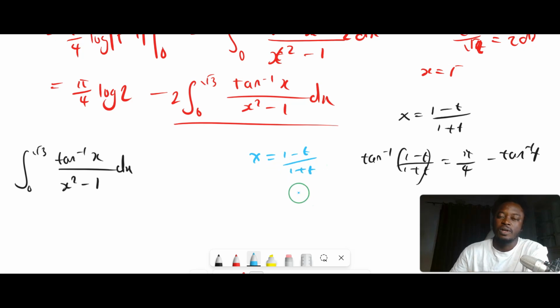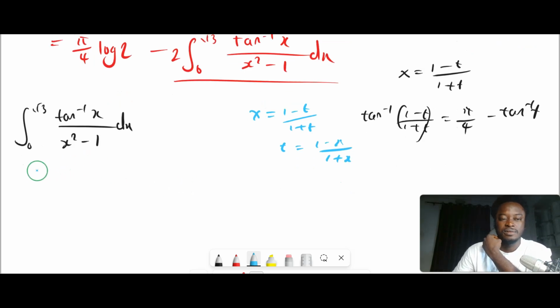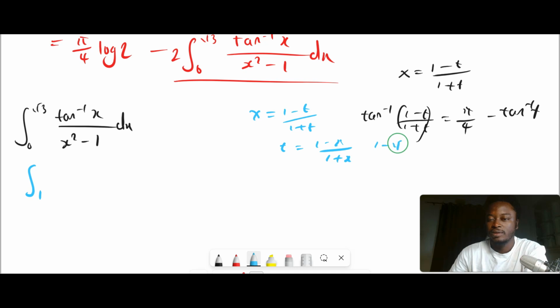That means t would be 1 minus x over 1 plus x. So when x is 0, t will be 1. So the integral would start from 1, and when x is square root of 3, t will be 1 minus square root of 3 over 1 plus square root of 3.